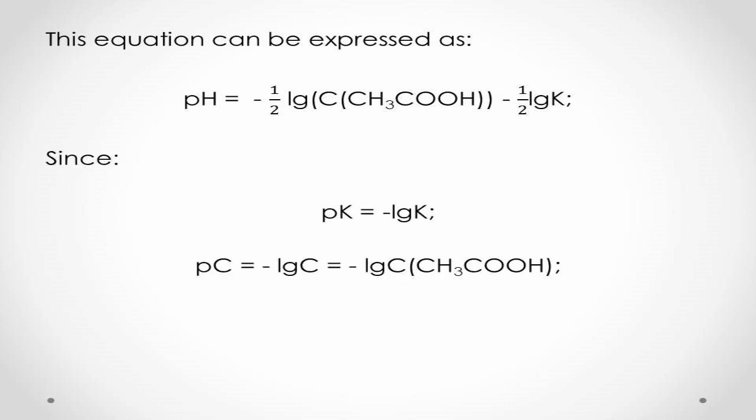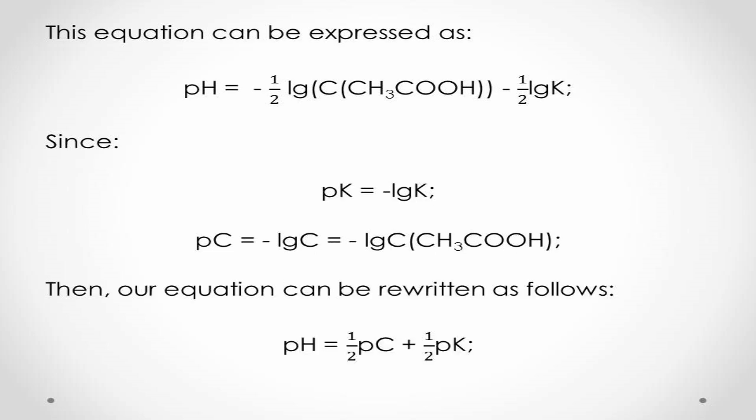Because pK is the negative logarithm of the dissociation constant and pC is the negative logarithm of the concentration, in this case of acetic acid, we can simplify our formula again. Thus, pH equals 1/2 pC plus 1/2 pK. This is the formula for calculating the pH of a weak acid solution.